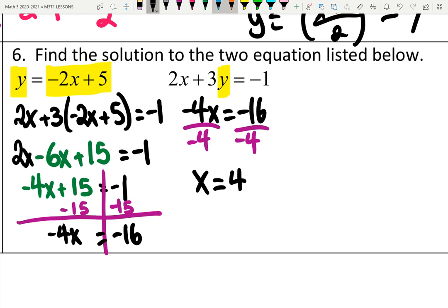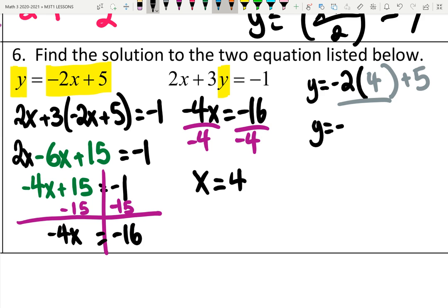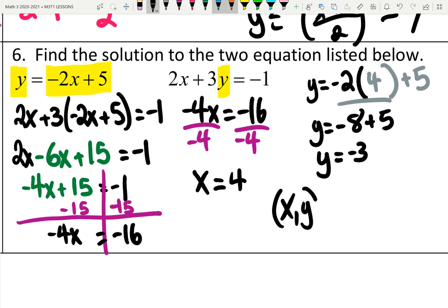Remember, I highlighted y is equal to negative 2 times x plus 5. X is 4. Negative 2 times 4 is going to be y is equal to negative 8 plus 5. Y is going to be negative 3. Remember, a coordinate point is x comma y, so my answer will be 4, negative 3.